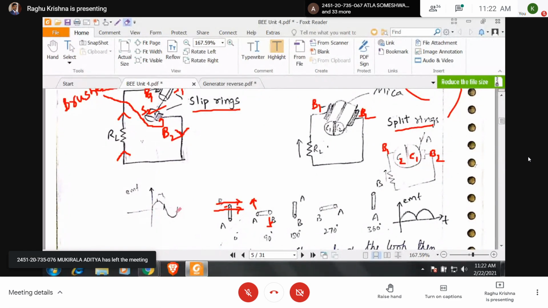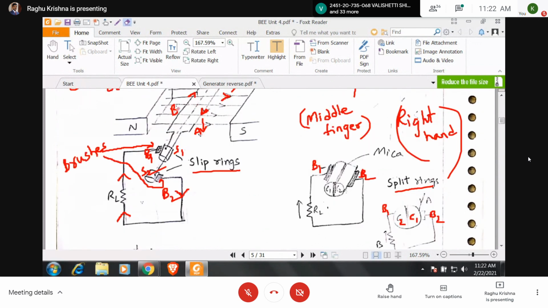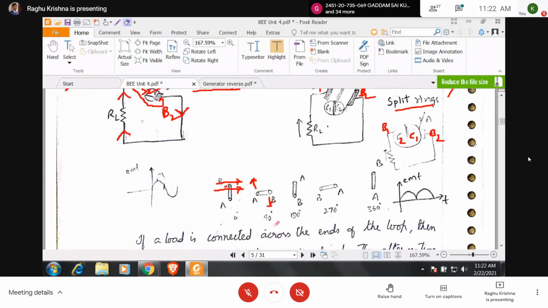After 90 degrees, in this position, the coil will be cutting the maximum lines of force. When it completes 90 degrees of rotation, if the conductors are in this position, the conductors will be moving parallel to the lines of force, so the induced EMF will be 0.